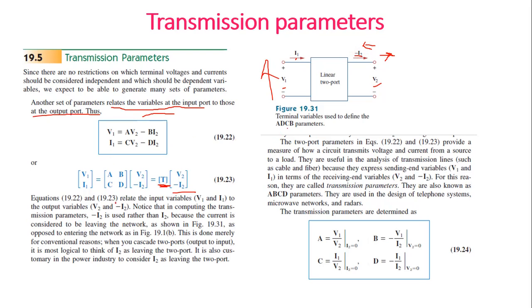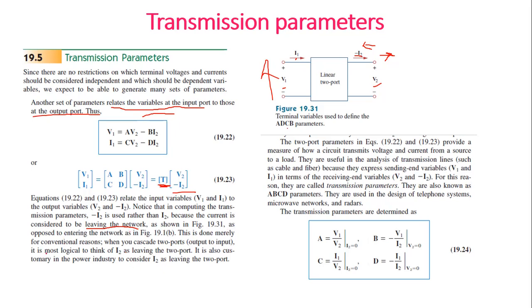So compare these equations. We have related the input variables V1, I1 in terms of the output variables V2 and minus I2. Notice that in computing the transmission parameters, minus I2 is used rather than I2 because the current is considered to be leaving the network, as shown in the figure.